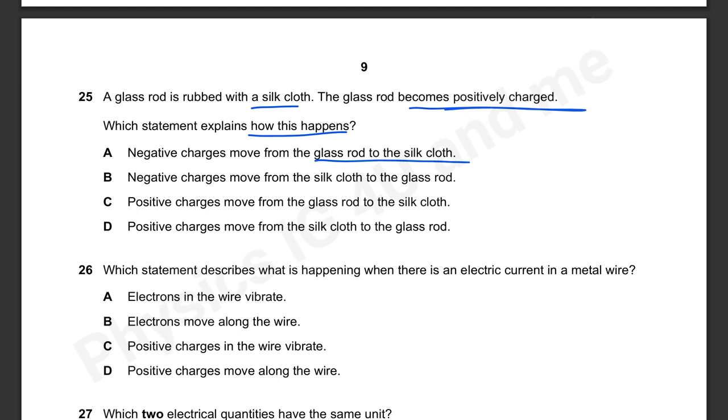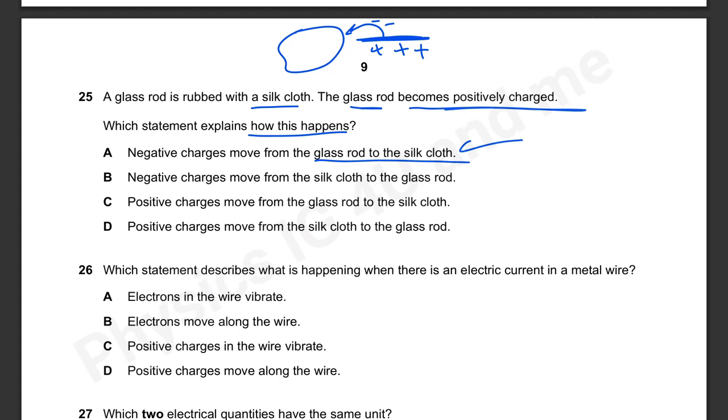They said the glass will be positive, so this is possible because we know already that only negative charges move. So if this is the cloth and this is the rod, okay, they said this becomes positively charged, and we know already this happens because the electrons transfer from here to there. Okay, so option A is most likely the one.